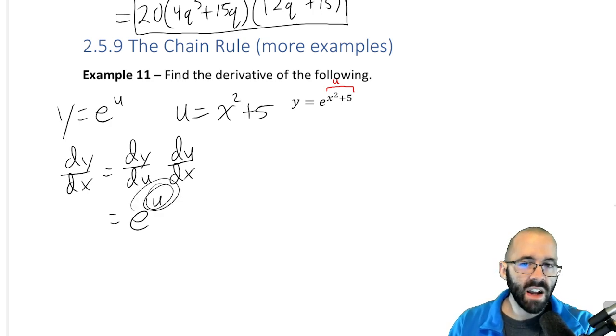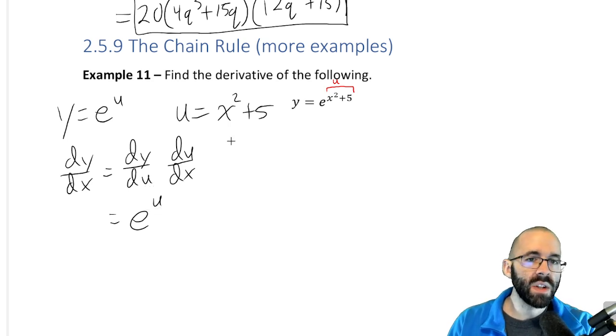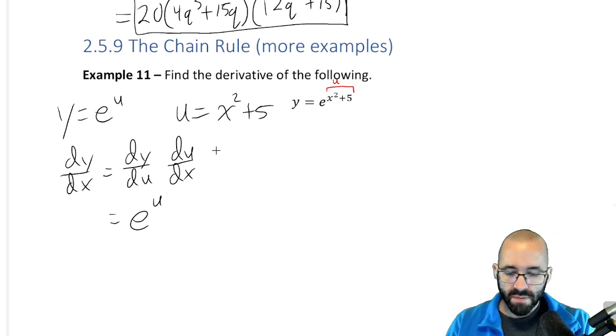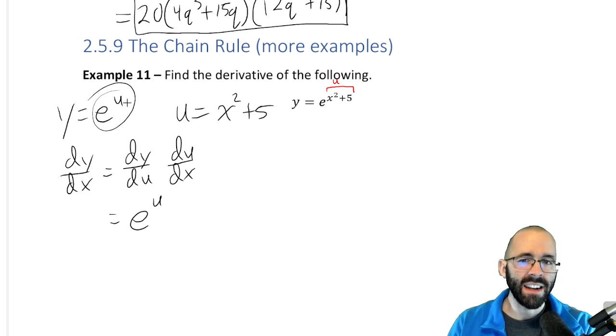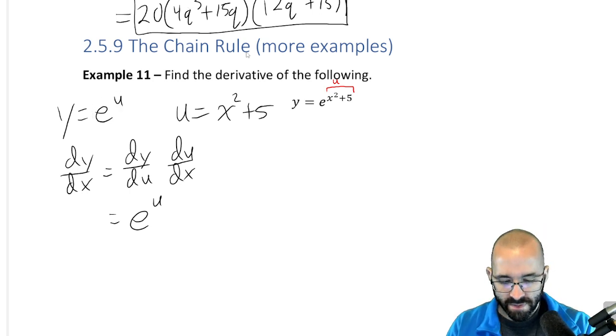If there's ever anything else up here, much more complicated. Okay, so we do need to use the chain rule here. It's not the derivative of anything on top of an e is itself. It's only e to the x or e to the t or e to the u, e to some variable.